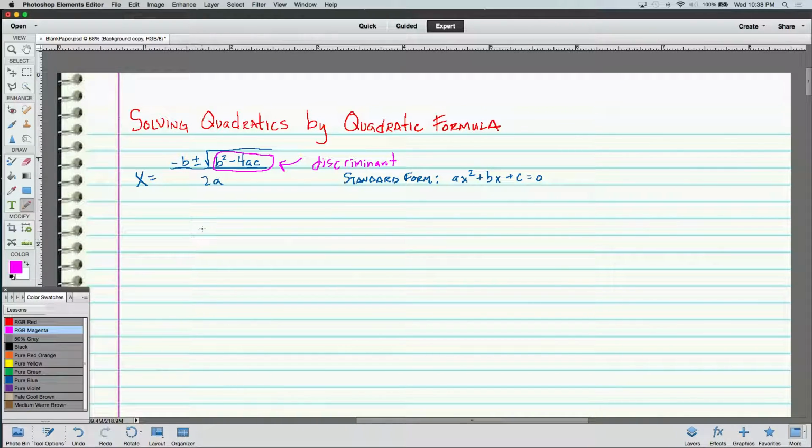So in the case in which b squared minus 4ac is greater than 0, when this value underneath the square root is greater than 0, we're going to have two real, different roots. And by real, I mean real numbers.